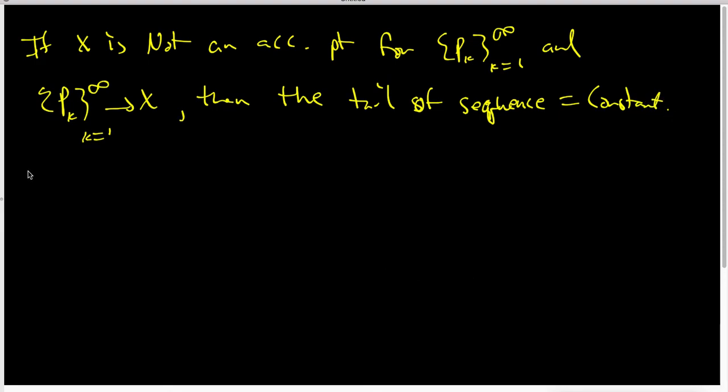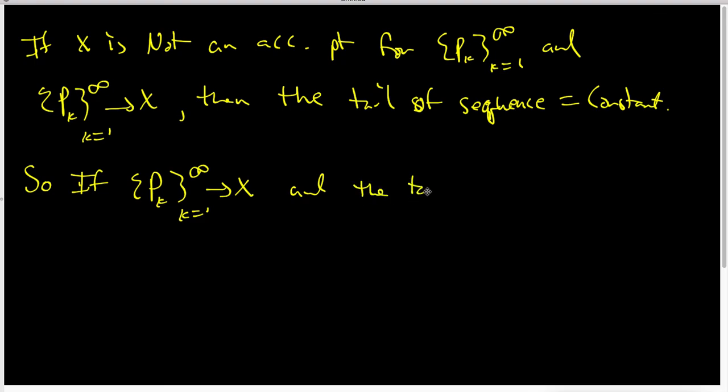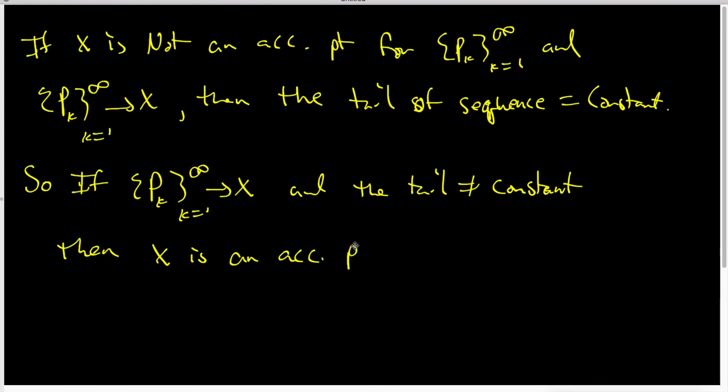And so what we then have is the following. If the pKs do indeed go to X and the tail is not constant, then X is indeed going to be an accumulation point for the sequence. And that completes the proof.